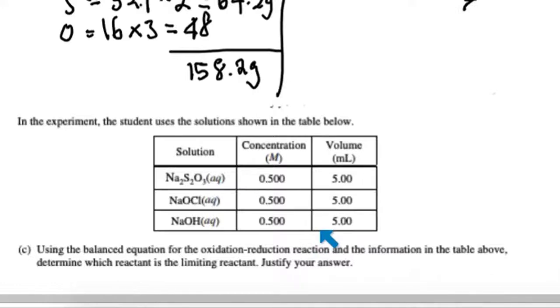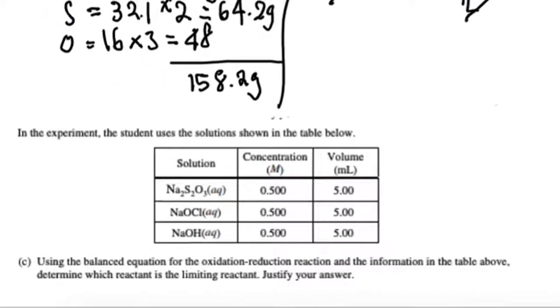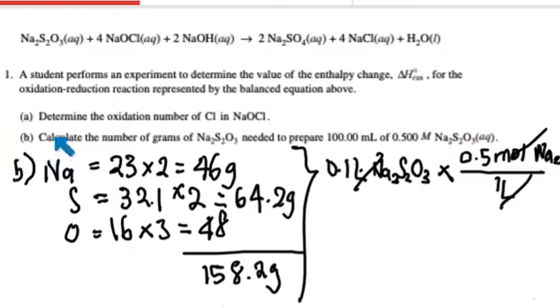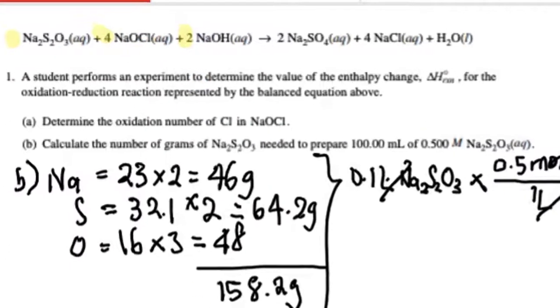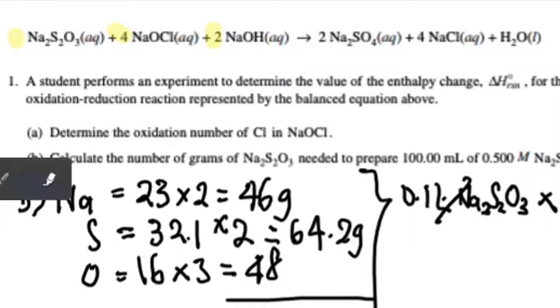So which one's going to run out first? And we can figure that out by looking at the coefficients. So every time the reaction goes by once, it uses 1 mole of Na2S2O3 for every 4 moles of NaOCl and every 2 moles of NaOH.